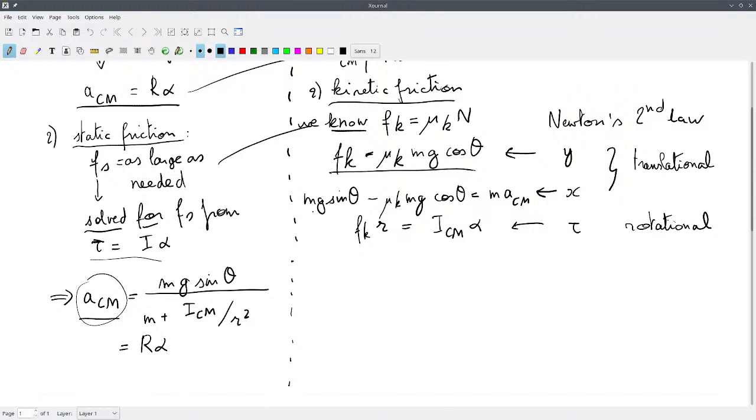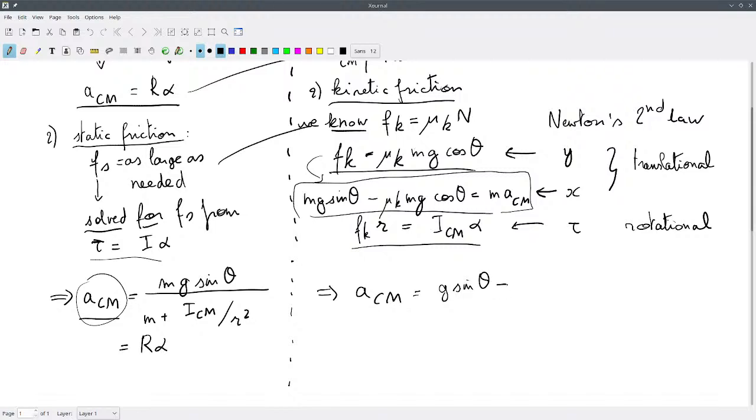Now we have a different set of 3 equations which we can solve for the acceleration of the center of mass. In fact, we can solve based on just the second equation, since we've already substituted the first equation into the second equation. We can immediately solve for ACM, and that's going to be g times sine theta minus mu k times g times cosine theta.